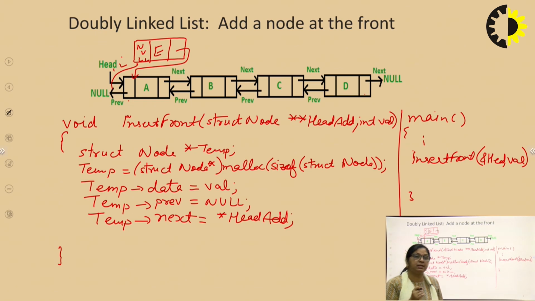So we will change the star head address. Now what is the second point? It contains the next address as the previous first node, that is this particular node. Now what this node is containing, it is having some next address, but its previous address is null because it was first node initially. Now what it will point to?